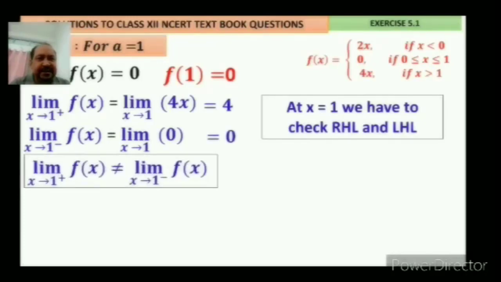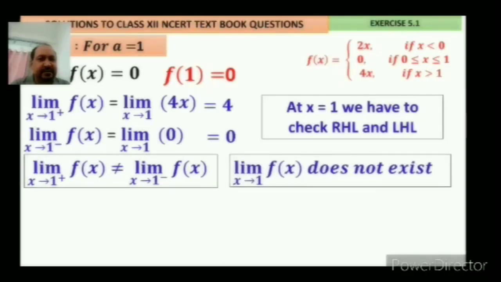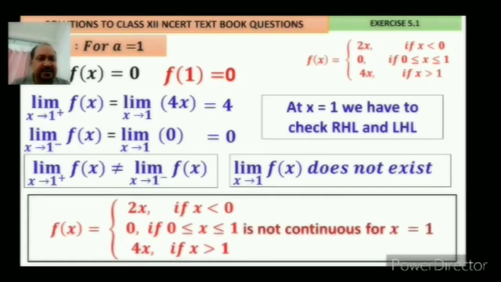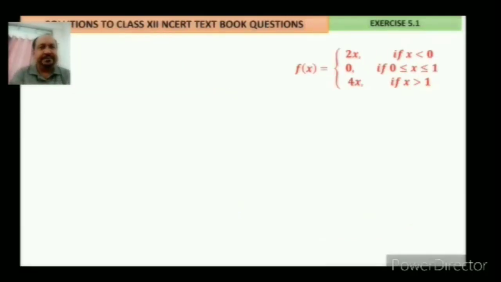So the left hand limit is not equal to the right hand limit. Therefore the limit of this function does not exist. So you can say that the function is not continuous at x equal to 1.